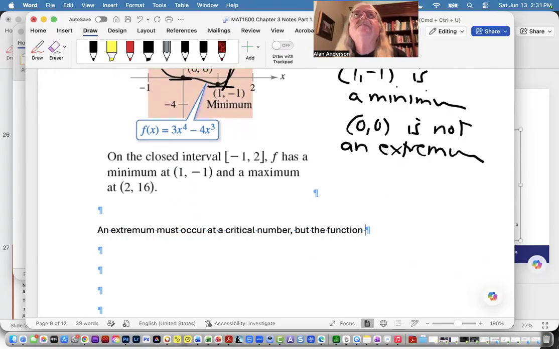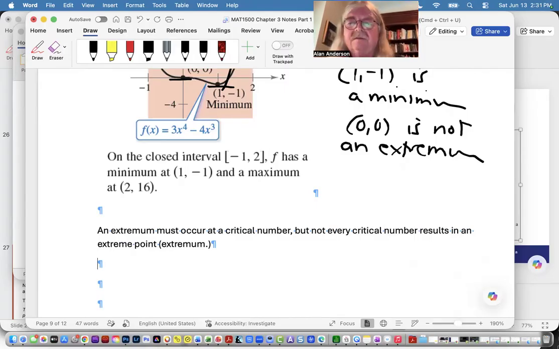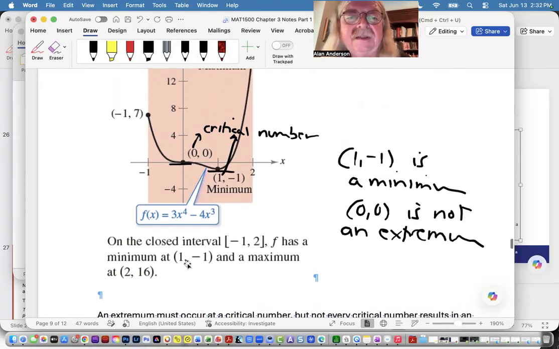Let's put it this way: not every critical number results in an extreme point. In other words, in order for it to be a minimum or maximum, we must be at a critical number. But the fact that it's a critical number doesn't guarantee that it's a minimum or a maximum. Okay, so we have to keep an eye on that.